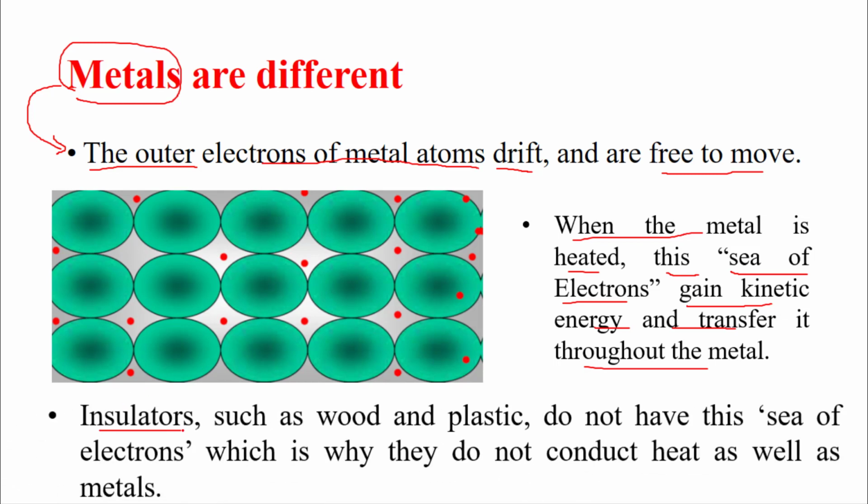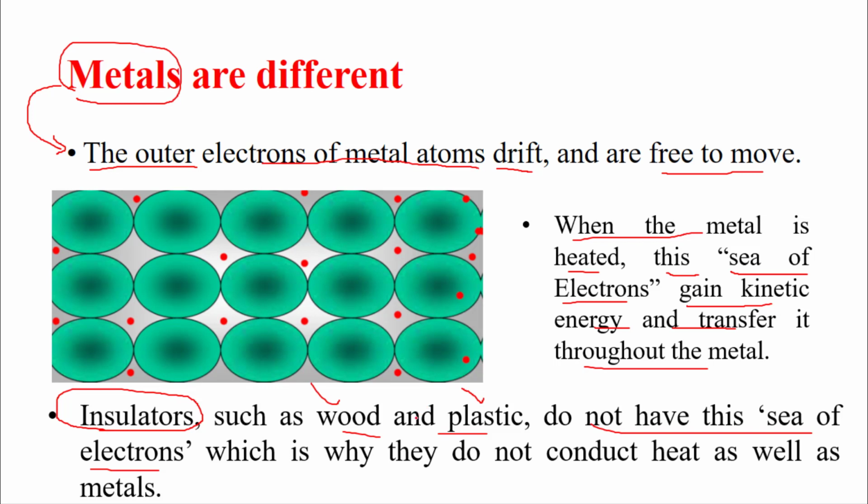But insulators, such as wood and plastics, do not have this sea of electrons. So heat is transferred through wood and plastic due to vibration of the molecules. So we only have one source of heat transfer, which is vibration.